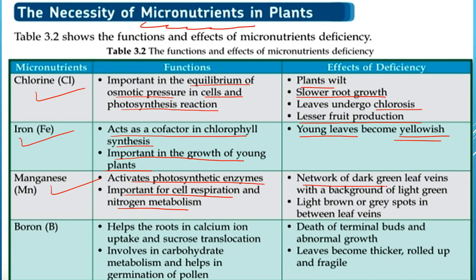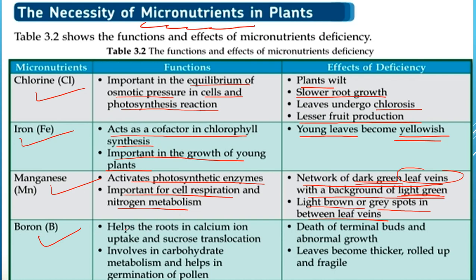Deficiency: a network of dark green leaf veins with a background of light green. This means the leaf will consist of dark green leaf veins but the background is light green. Then light brown or grey spots in between the leaf veins.